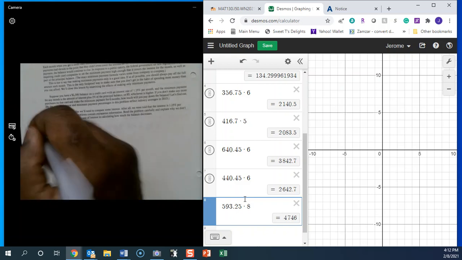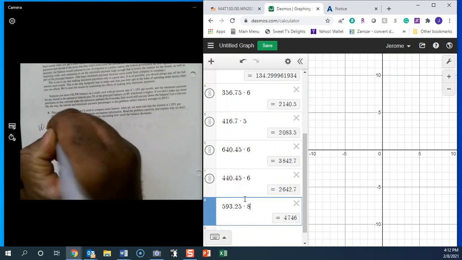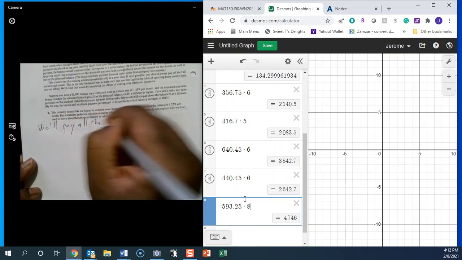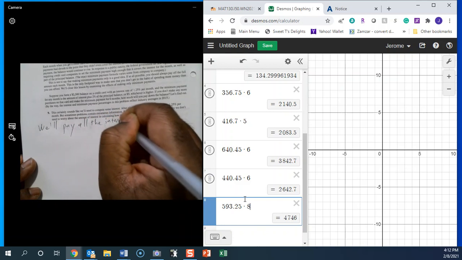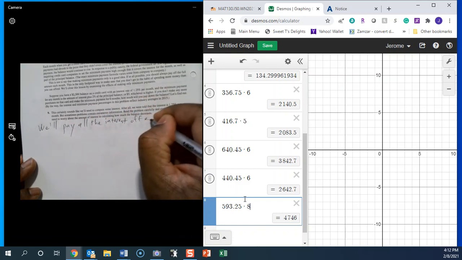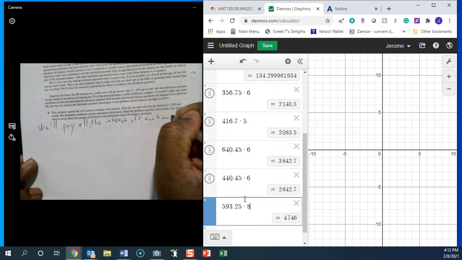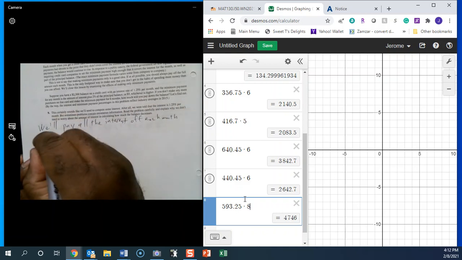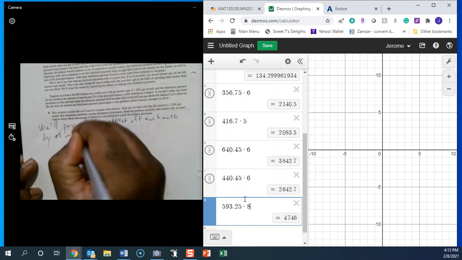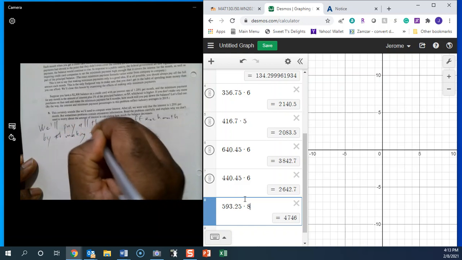The reason being is we'll pay all the interest off each month by making the minimum payment.